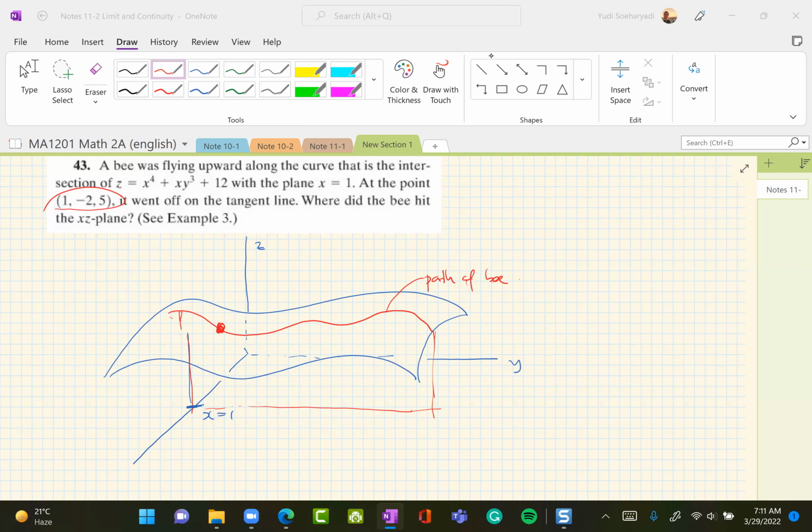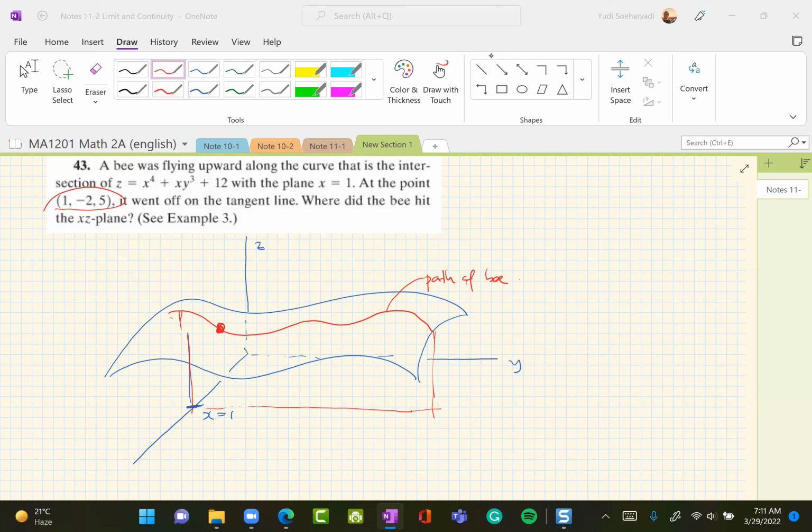All right. So the slope of this is nothing but the derivative of f, where f is defined as x to the fourth plus x y cubed plus 12. That's our f.